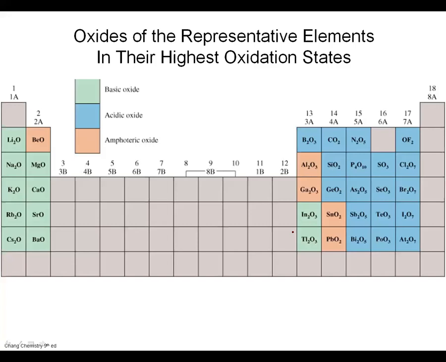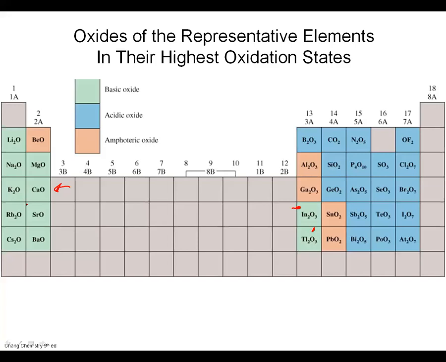So the next thing we're going to talk about then is oxides. And oxides are basically metals or nonmetals that have oxygen in them. There are certain types of oxides that, when they react with water, turn basic, turn acidic, or could be amphoteric. On the left-hand side is typically where you'll find our basic oxides, except for a couple over here that are basic as well.